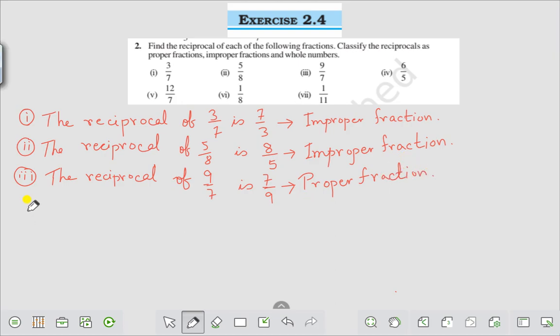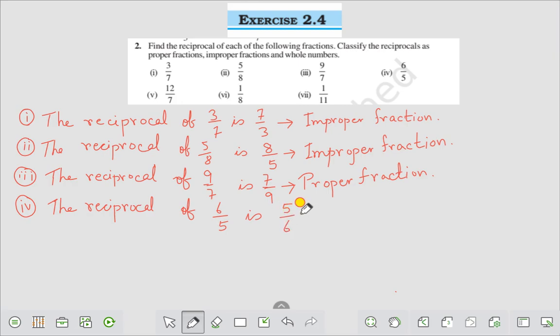Now question number 4 is 6 by 5. The reciprocal of 6 by 5 is 5 by 6.